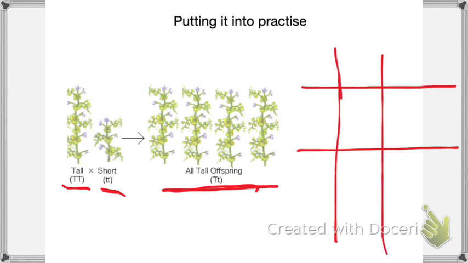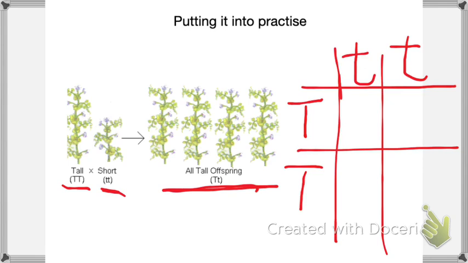So to do this, I'm going to do what we call a Punnett square. The Punnett square is showing us two different sets of alleles being crossed for the same characteristic. Remember, let me just change my color quickly.